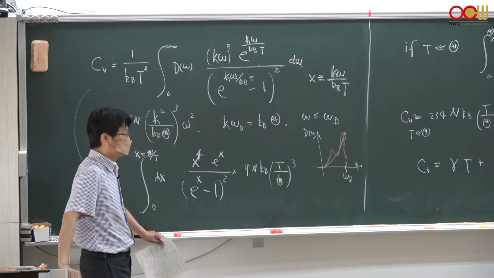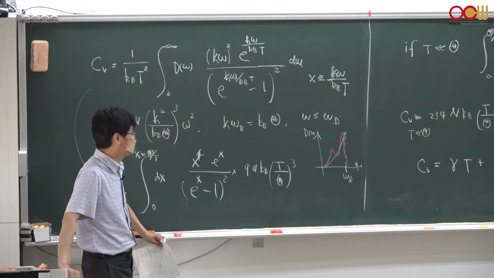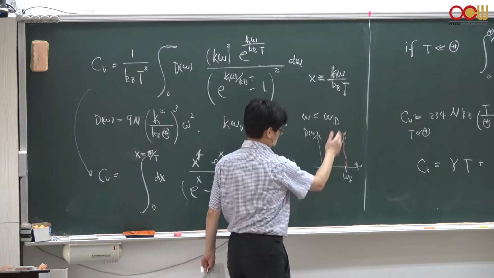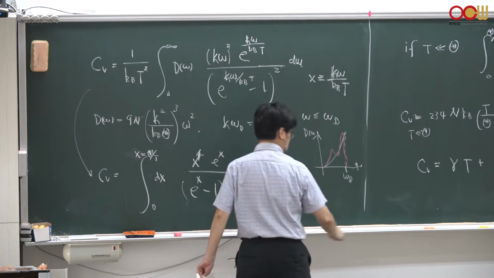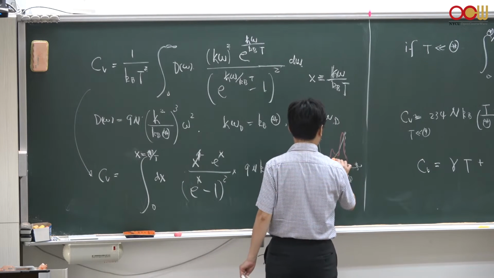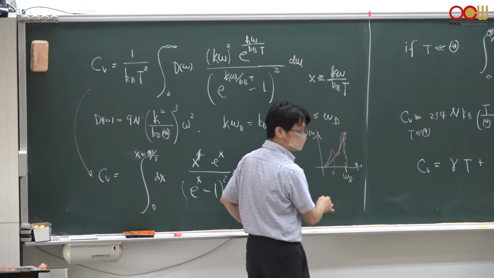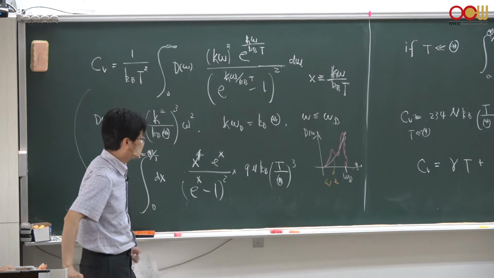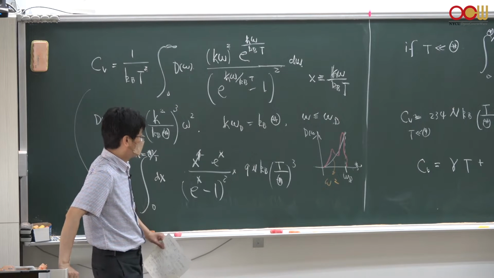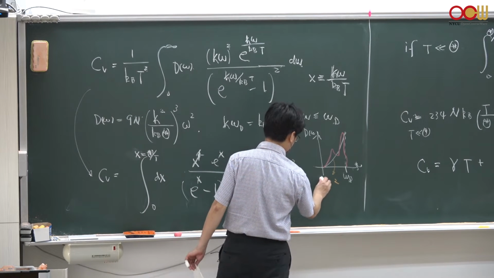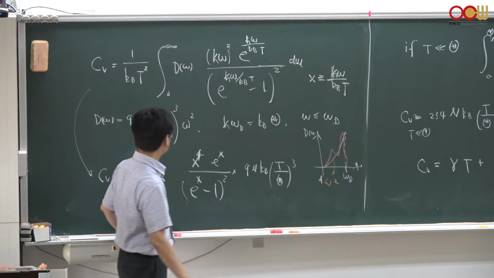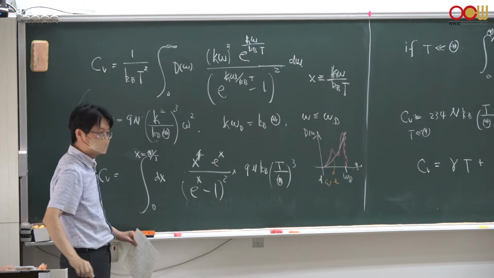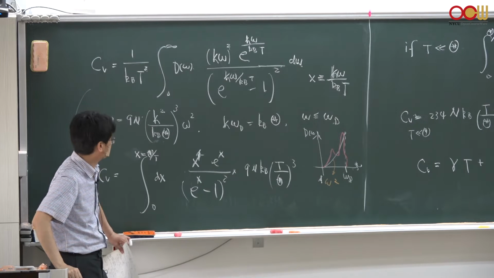The actual profile of this density of states is a messy shape, but within this Debye model, we can approximate it in the frequency domain as omega squared multiplied by some prefactor. Remember that. And this prefactor is given by this factor, which was assigned to you as a homework problem.